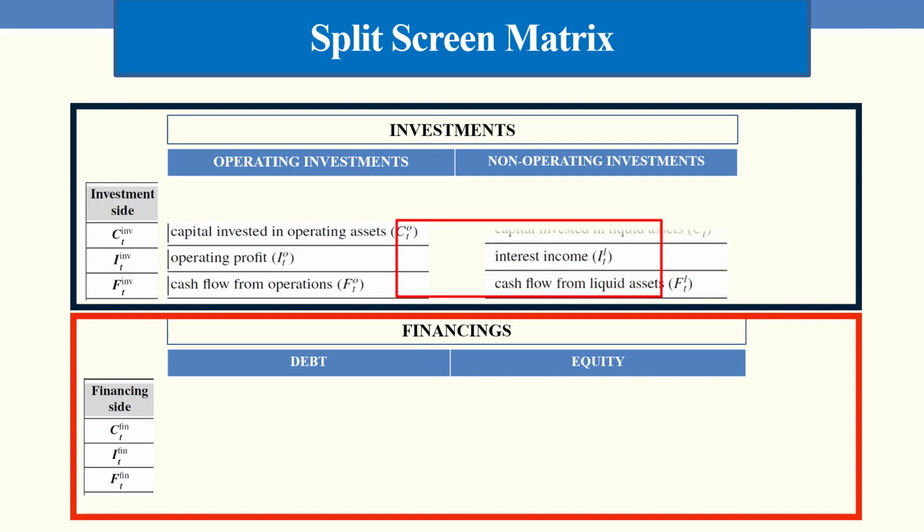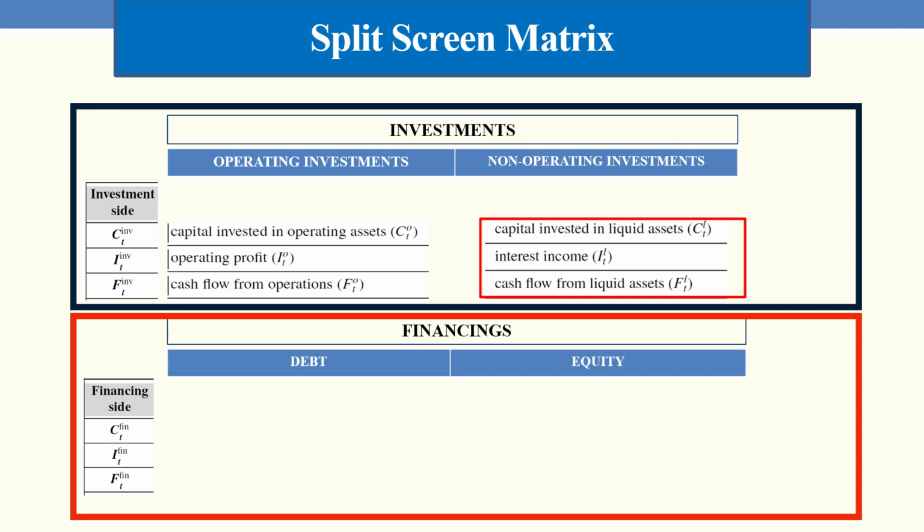The non-operating assets, the liquid assets, increase by the non-operating income, also called the interest income, and decrease by withdrawals from the liquid assets. The balance of liquid assets may increase if there are additional contributions into liquid assets.